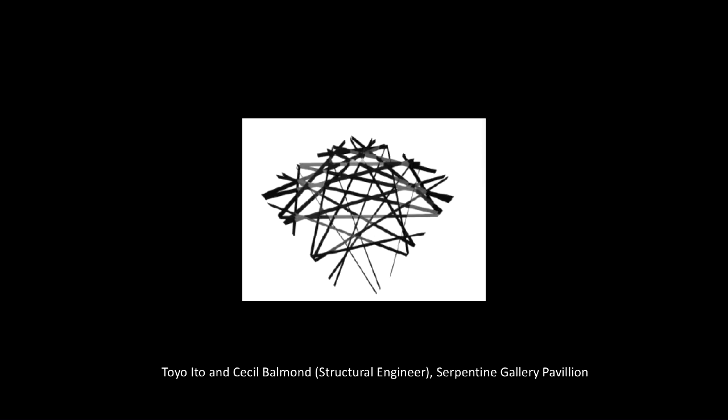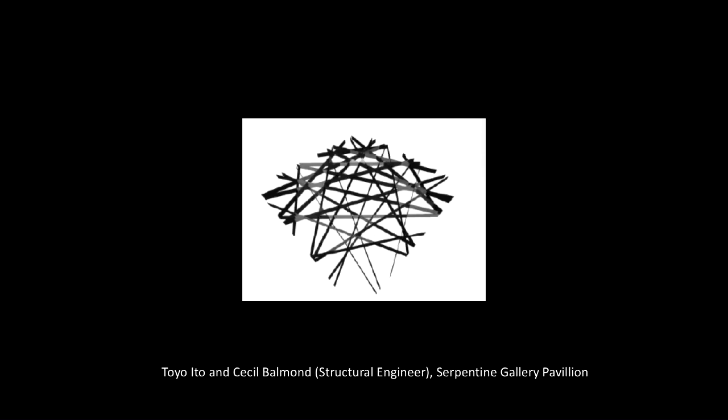Also, with Toyo Ito and a lot of these avant-garde architects pushing this new type of tectonics, they're always paired with a structural engineer. Toyo Ito did this project with the structural engineer Cecil Balmond. And then we'll see another project where he paired up with someone else.